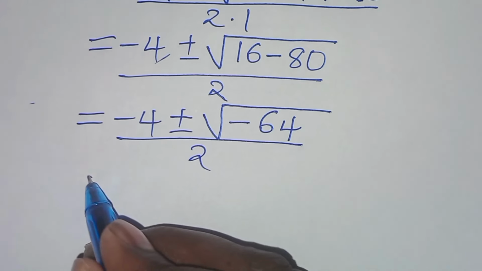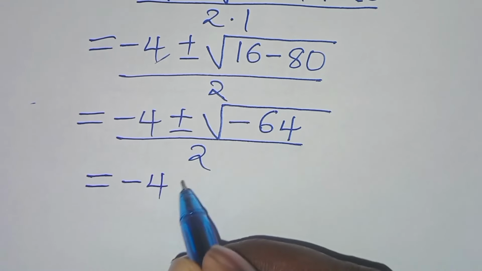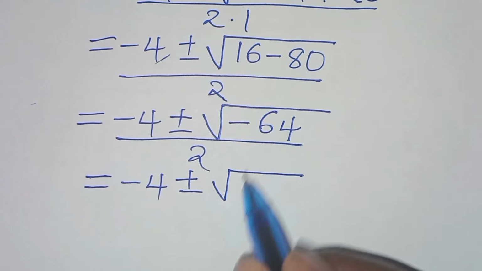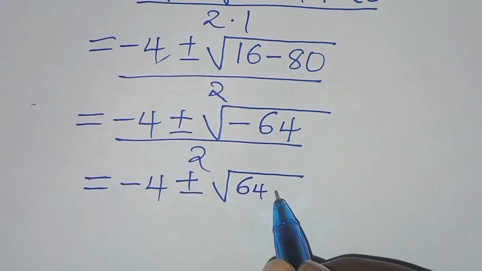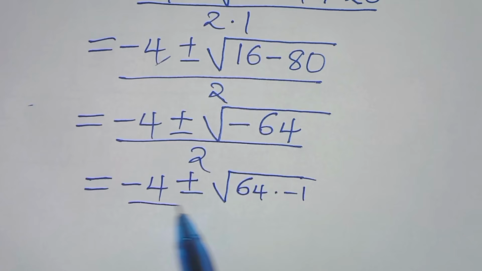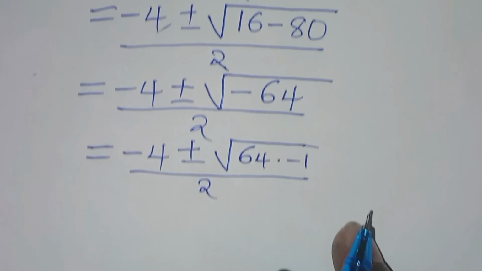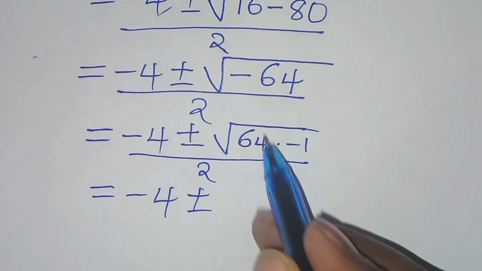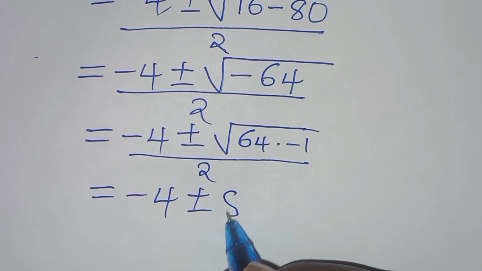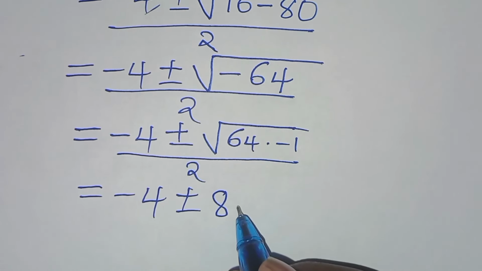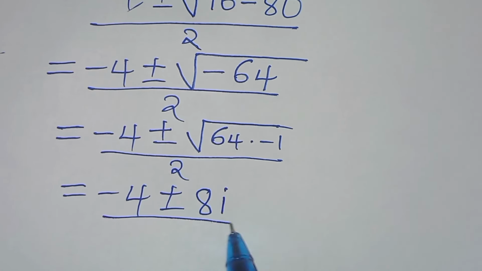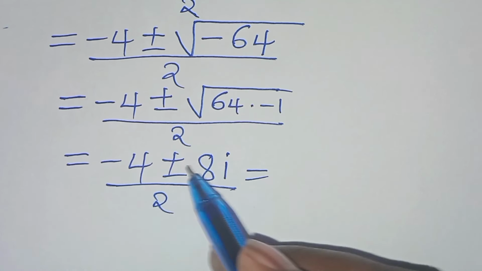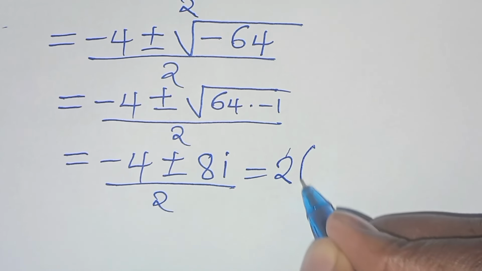So the next step is minus 4 plus or minus the square root of negative 64, which you can express as 64 times minus 1, all divided by 2. The square root of 64 is 8, and the square root of minus 1 is i, divided by 2. Now we can factor out 2 in the parentheses.